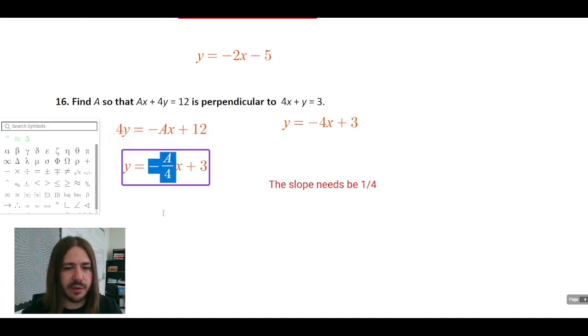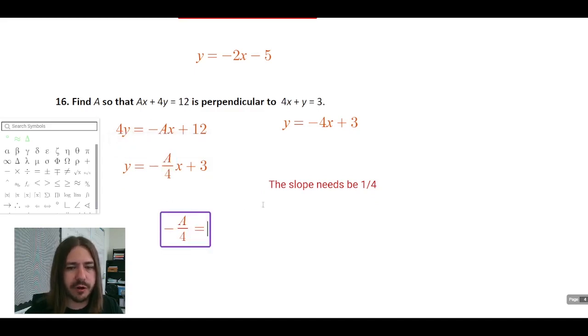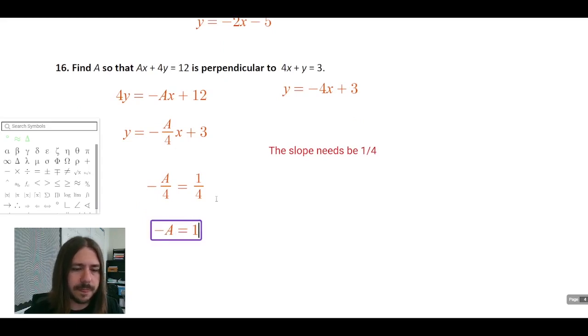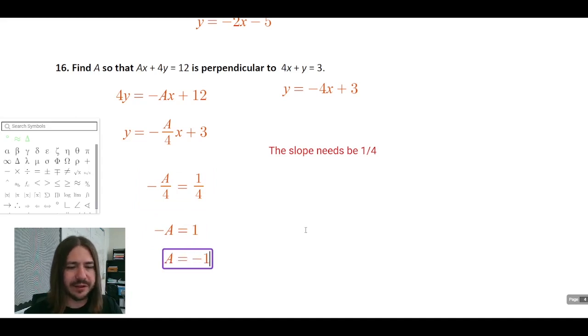This needs to be 1/4. So negative a over 4 needs to be 1/4. And we're going to solve this for a. A little tricky here, but I think we can knock this out. So first thing we're going to do is multiply both sides by 4, and that's going to give me negative a equals 1. And then if I divide both sides by negative 1, I get a equals negative 1. So a should be negative 1.